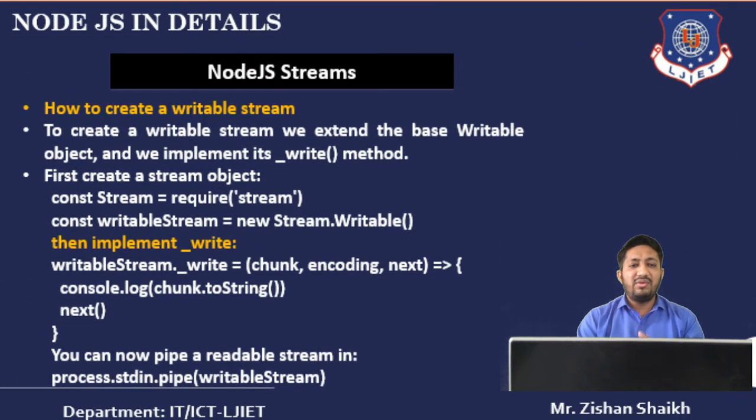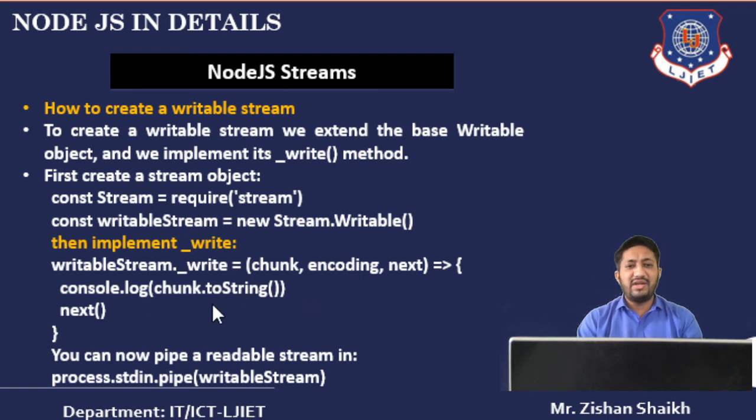If we talk about the writable stream class, we have to include stream, then create the object of the writable class: stream.Writable, and my object name is writableStream. In the same way we implement it in our code.